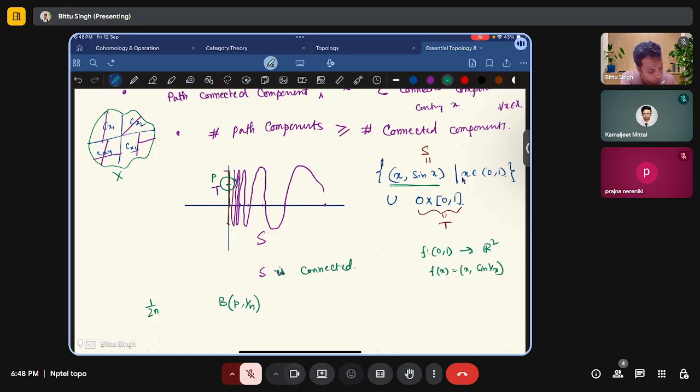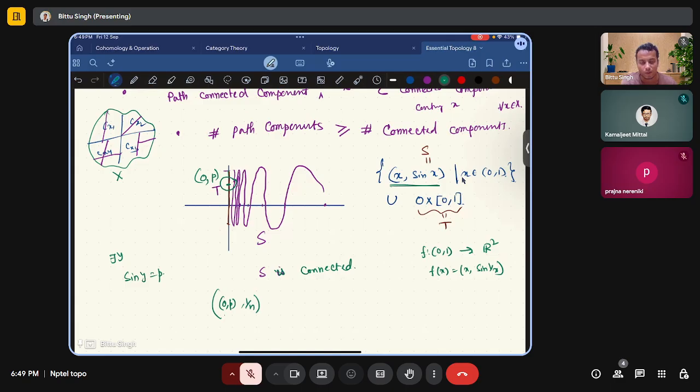We need some kind of shift, because it is clear that whatever point P we choose from the closed interval 0 to 1, sine P is something like this, (0, P). Maybe this is a better notation. Instead of P, let me denote the point by (0, P). Then it is clear there exists some y such that sine of y equals P, right? It is always the case.